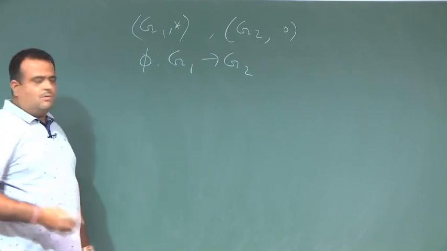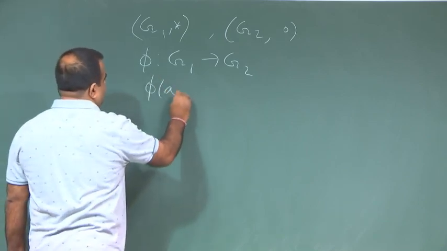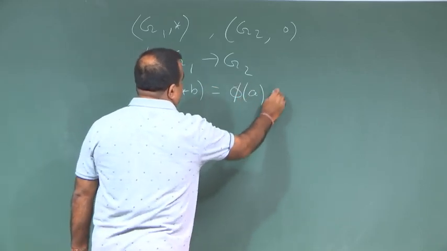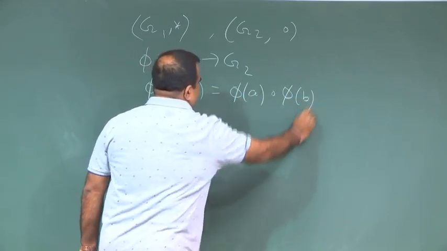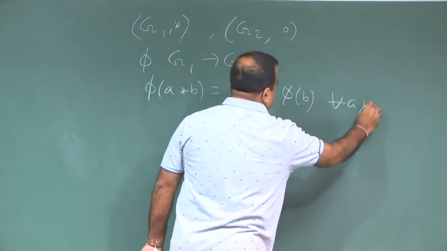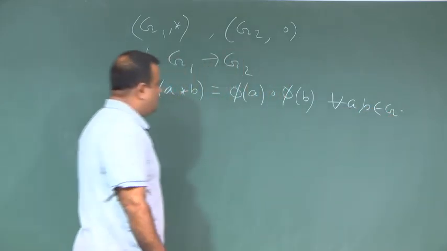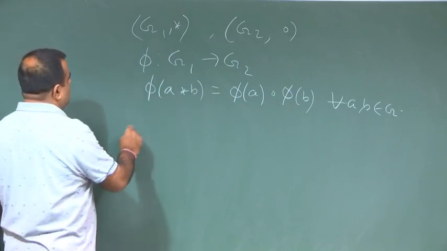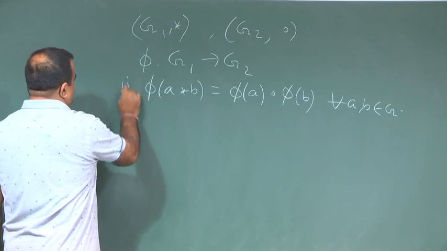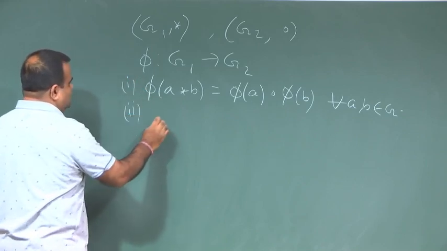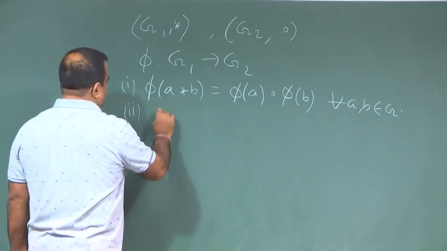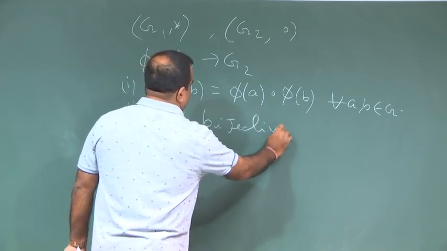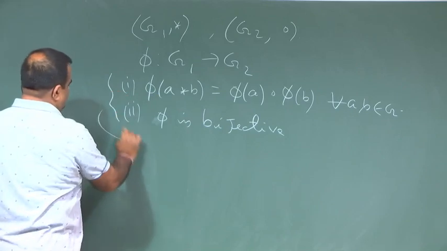We know it is called homomorphic if phi of A star B is equal to phi of A operated with phi of B. Now, if this mapping is also bijective, so it has to be homomorphic and bijective, that means it is one to one and onto, then it is called an isomorphism.